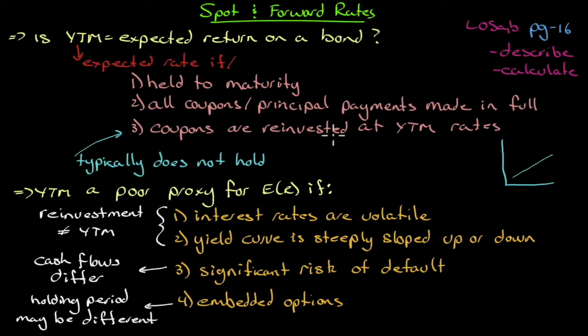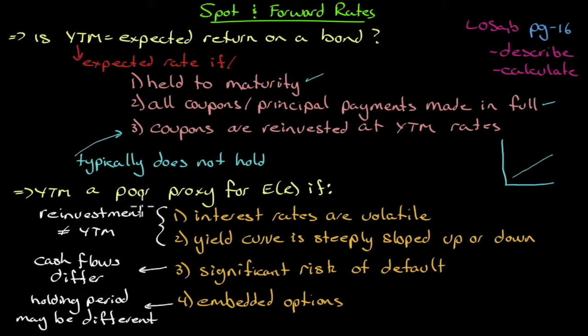So the yield to maturity must have all 3 of these conditions. This is the one that's difficult. Held to maturity, yeah, go ahead. All coupons, principal payments made in full? Well, sure. It's the small minority of bonds that default, not the majority. So that's not a big stretch. Number 3 is what ruins it, and we're going to show some examples here.